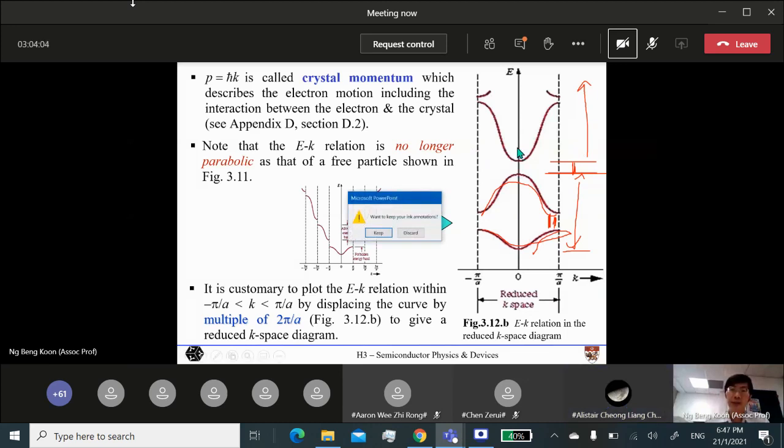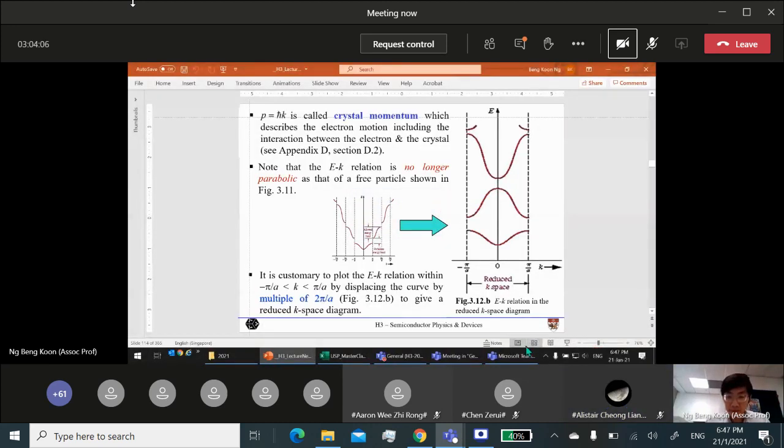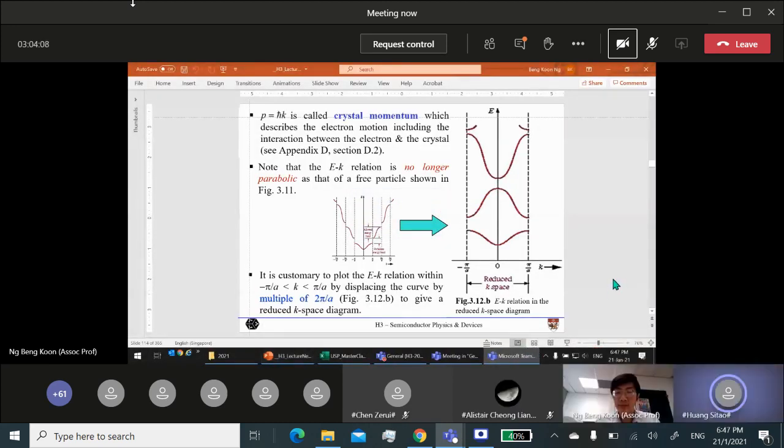Professor, for this slide, does it mean that if there is a scenario where all the electrons in the valence band are excited into the conduction band, some electrons need to overcome two forbidden energy bands? Sorry, say that again.